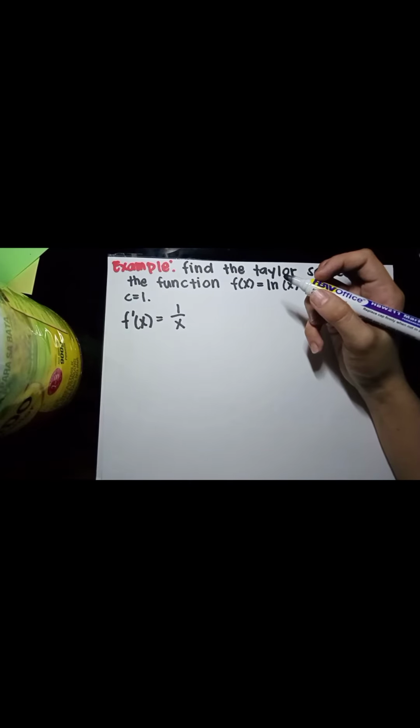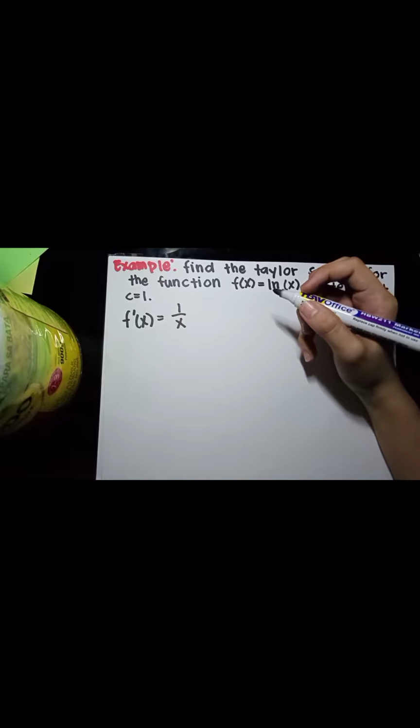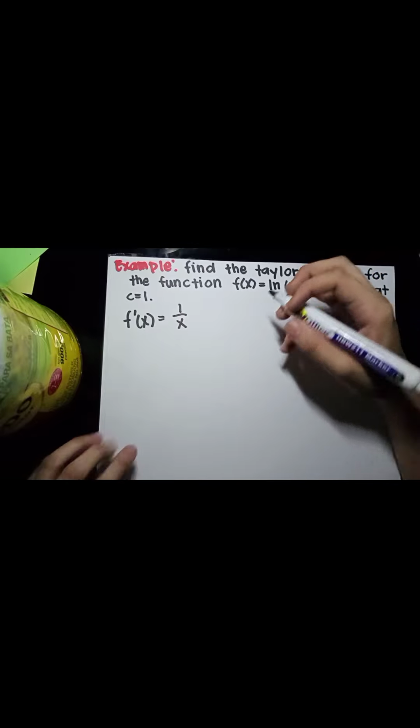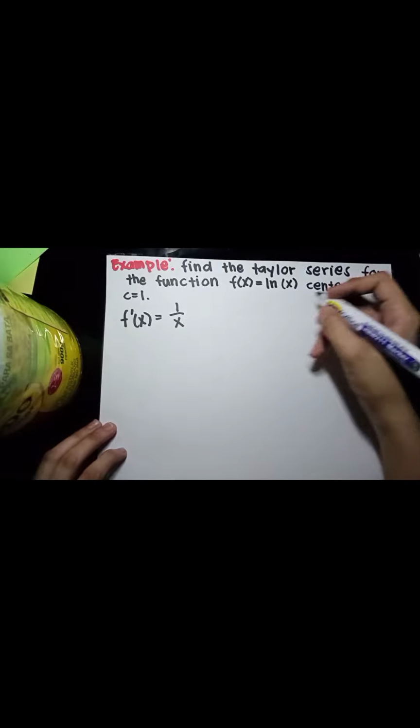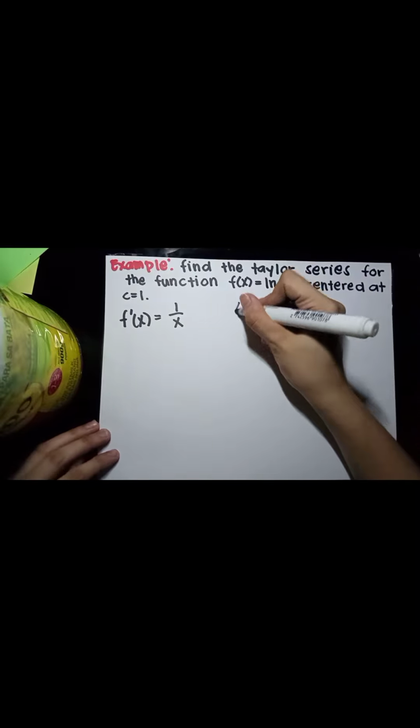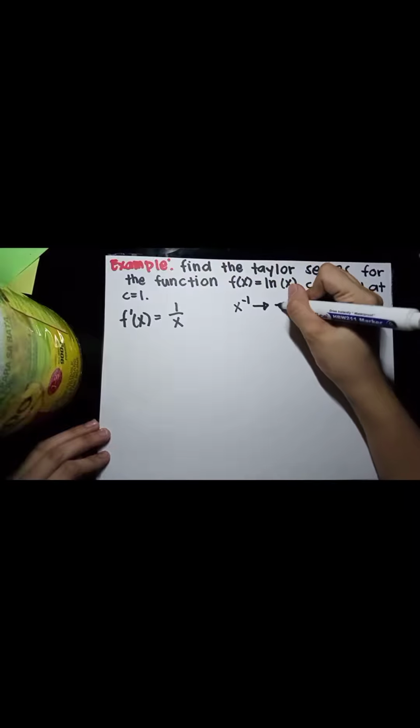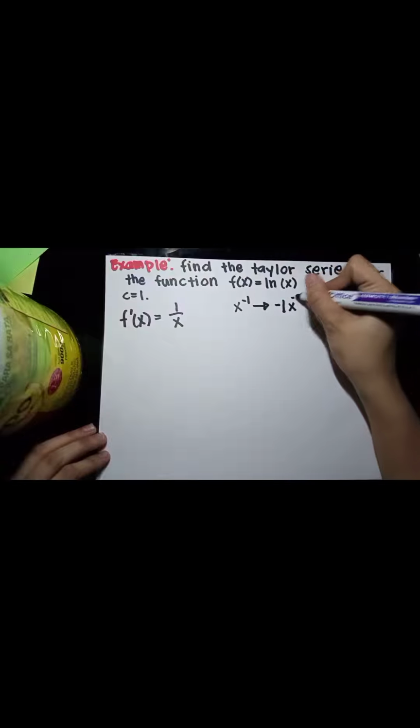For the second derivative, we need to rewrite it and use the power rule. So the second derivative is negative 1 times x raised to negative 2.